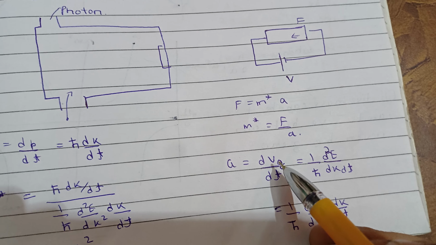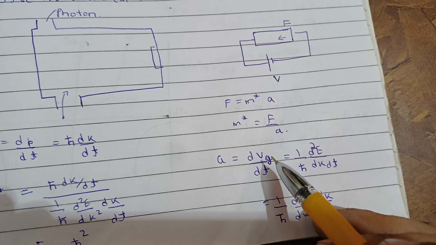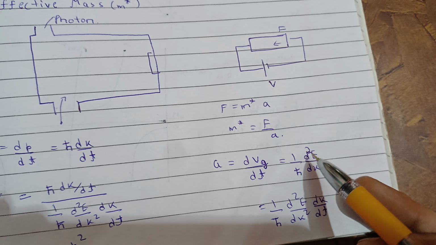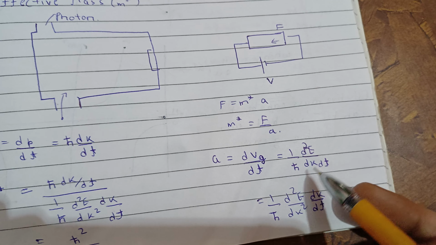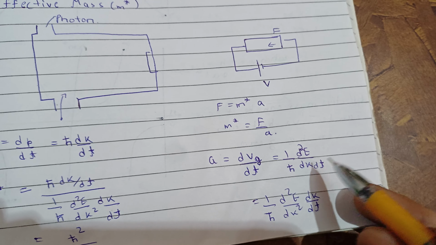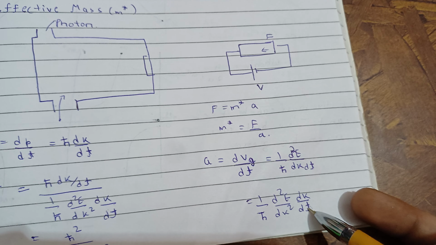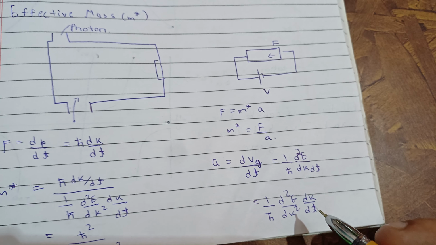After substituting it here, we get this expression, because now E is differentiated with respect to t and k. That's why we get d square E divided by dk dt. Now multiplying with dk up and down, we get d square E by dk square times dk by dt. So this is acceleration.